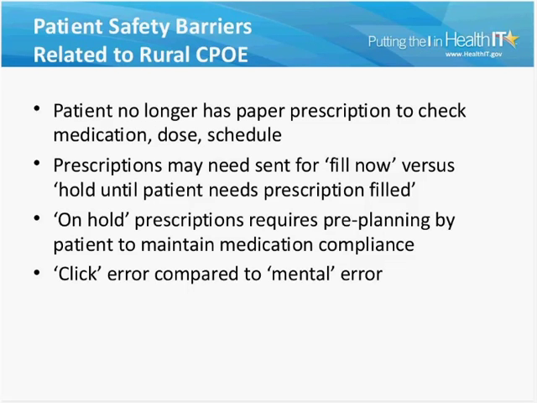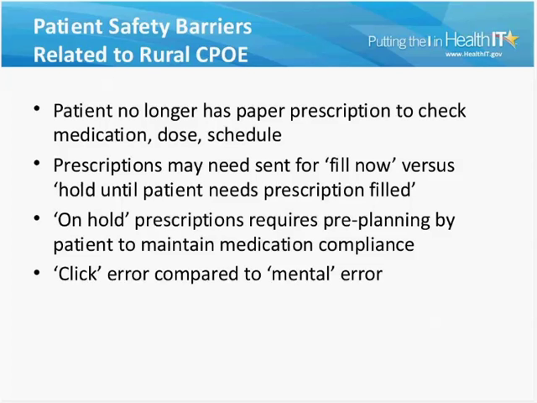And we won't go into these in detail. There will be continued studies about the impact of CPOE on patient safety, but patients won't necessarily have paper prescriptions in their hands anymore, and so it's a learning curve for those patients. The e-prescription goes to the pharmacy. There's confusion, and the patient has to be clear on which scripts to pick up now versus which they need to put on hold.